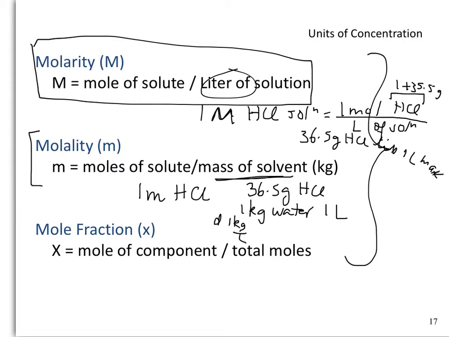So you can take 1 liter of water in a measuring cylinder or something and dump that in with the 36.5 grams. So if you think about the overall volume of this solution, it's going to be slightly higher than the volume in case of the molar solution.